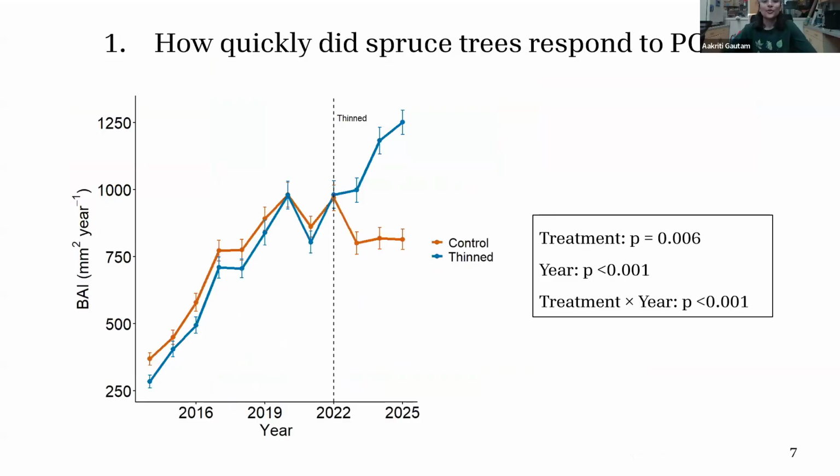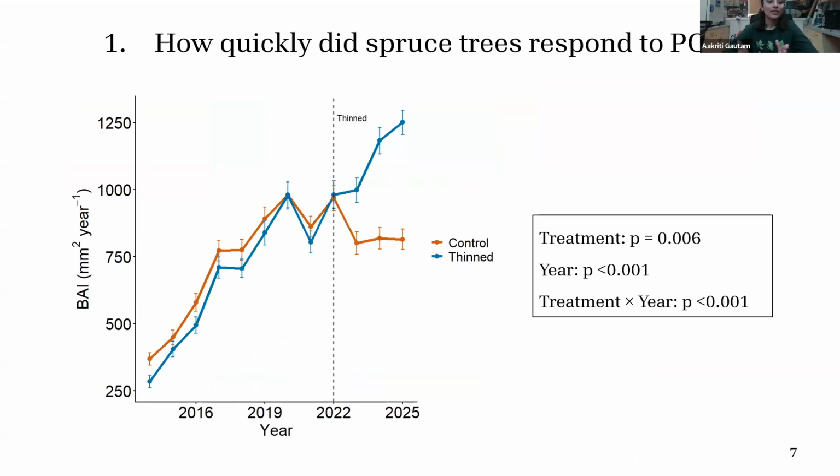So our first research question was to see how spruce trees responded to pre-commercial thinning. For that, we calculated yearly basal area growth for each tree and compared the averages between the treatments. As you can see, before thinning, both of these stands were growing pretty much similarly, but right after thinning, which is in the year 2022, their growth diverged completely, with the thinned stand having significantly higher basal area increment than the control.